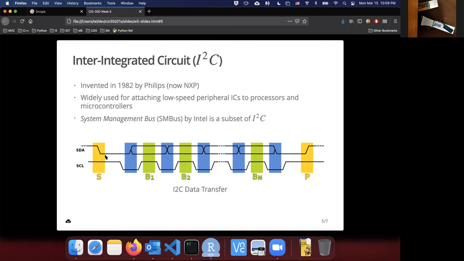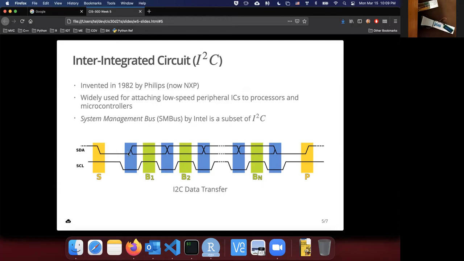And then on the next pulse, in fact, there is going to be a little bit of delay before it goes to the next pulse. The clock starts pulling down, and in the middle, when it's in the stable low state, this is the time for the data line to get ready for sending a bit.